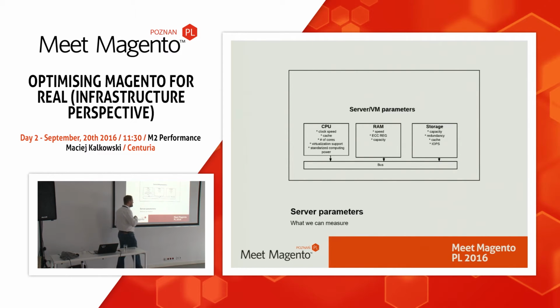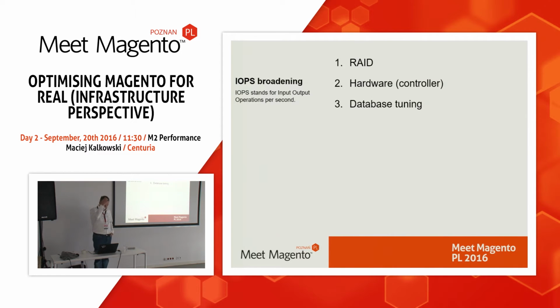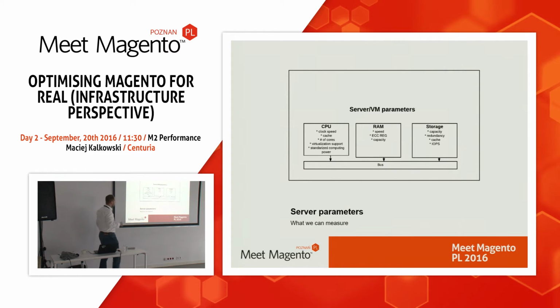And this part is the real bottleneck, the hardest to scale bottleneck in database systems. So, let's get back for a moment. The storage has some capacity, redundancy, it has cache, which should be kept at least by the battery.